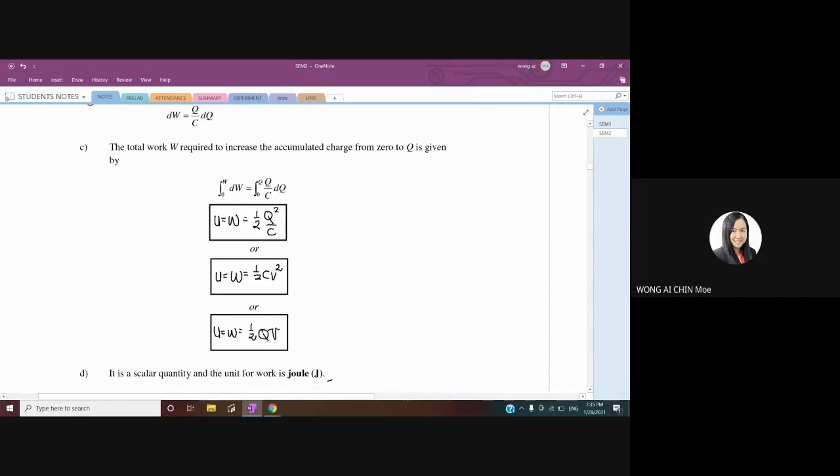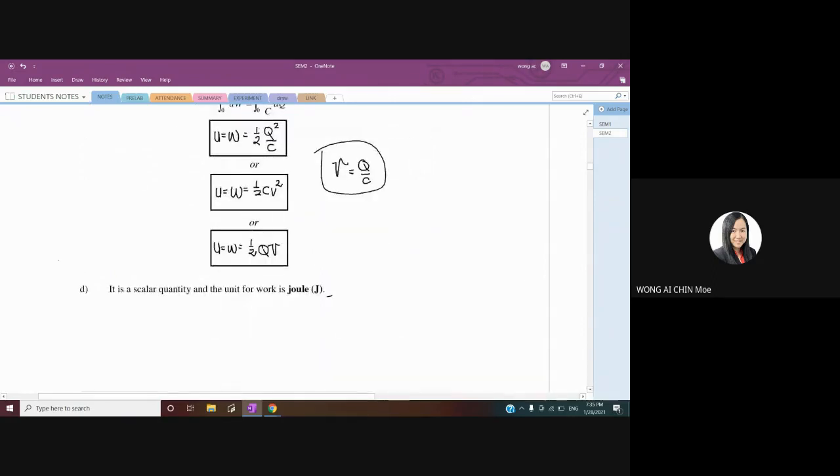Either one works, depending on the values you have: whether you have C and V, or you have Q. The work done is a scalar quantity, and the unit for energy is the joule, similar to the unit for work done. Okay, so now we go to example number 2.